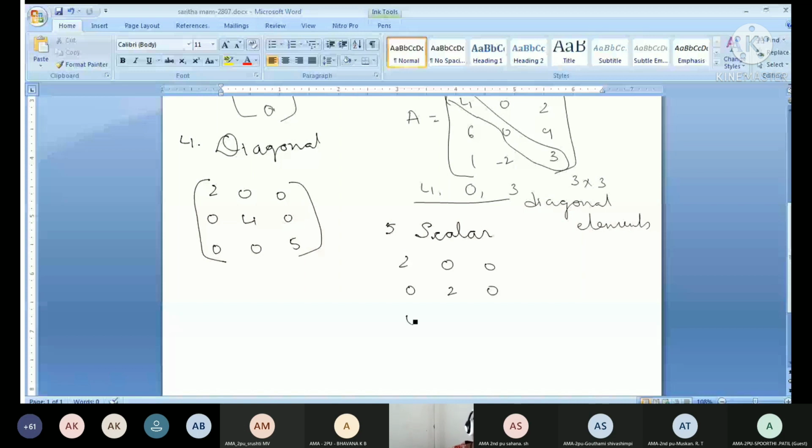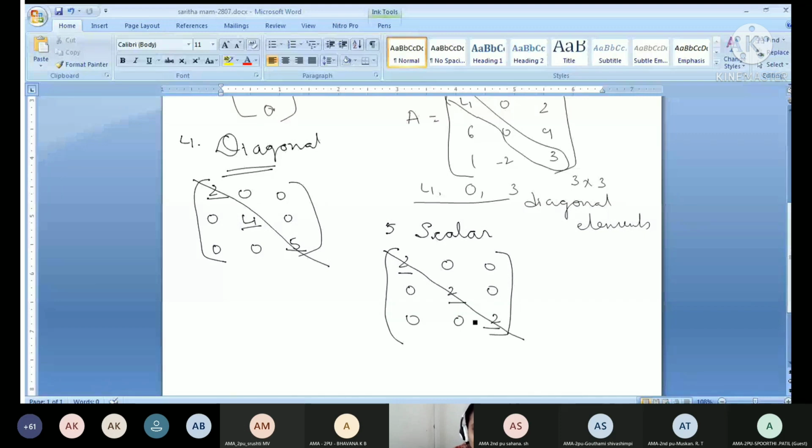This is a scalar matrix. Just look at the diagonal elements. In a diagonal matrix, the diagonal elements are different, whereas in a scalar matrix, the diagonal elements are equal, the same.